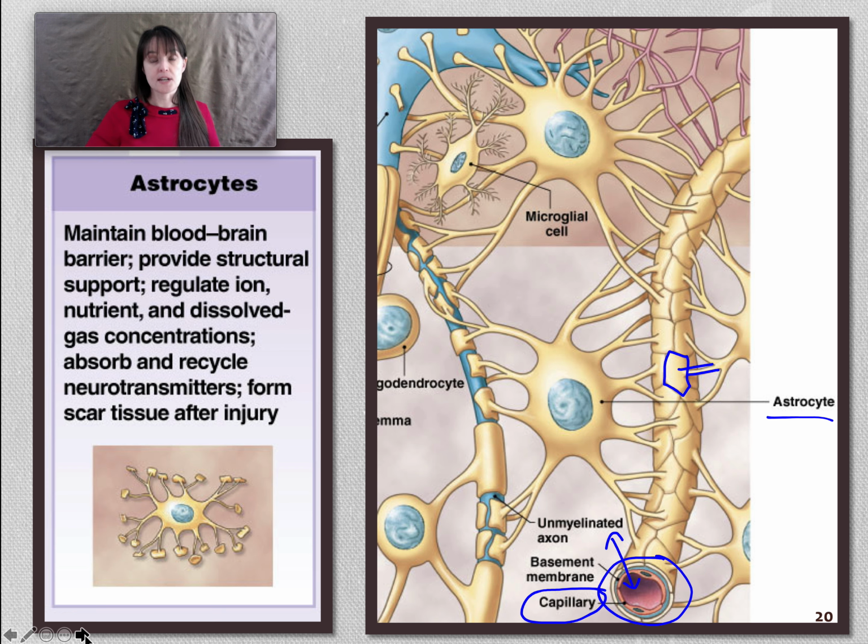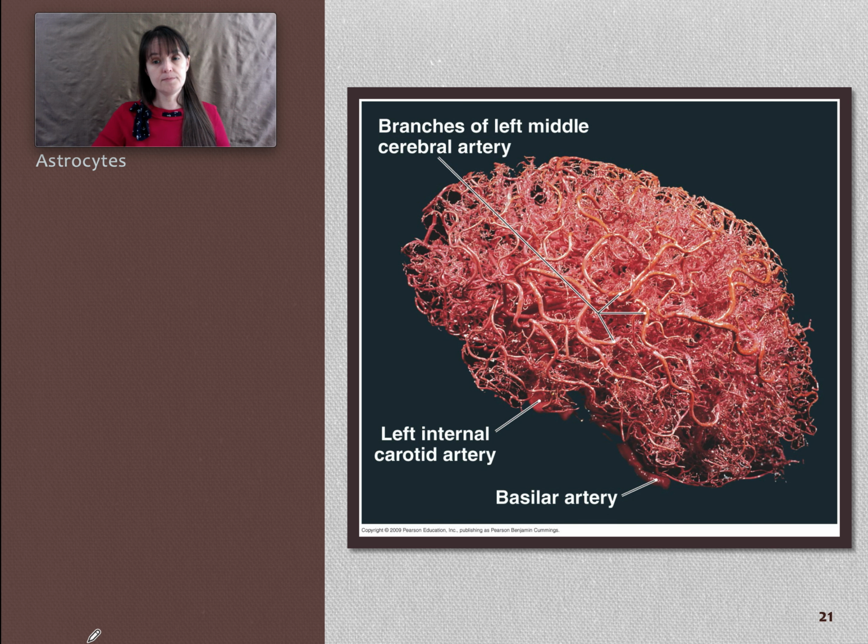The astrocytes surround each and every blood vessel in the brain. Question, are there many blood vessels in the brain? Answer, a few. That's a lot of blood vessels. So what they do is they take the brain of a deceased person, and they inject the blood vessels with this red latex or plastic.